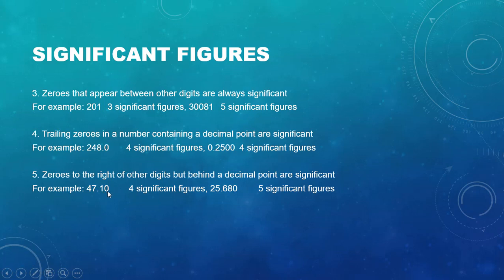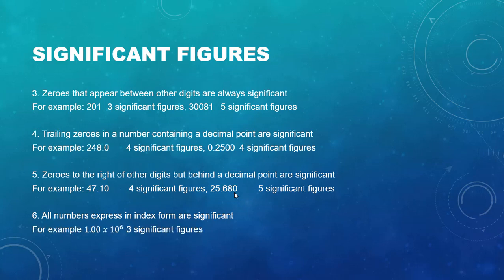It is also significant. Similarly, in this example, this trailing 0 is behind our decimal point, so it is significant as well. And the final rule says that all numbers expressed in index notation are significant. So for example, 1.00 times 10 to the 6 has 3 significant figures.